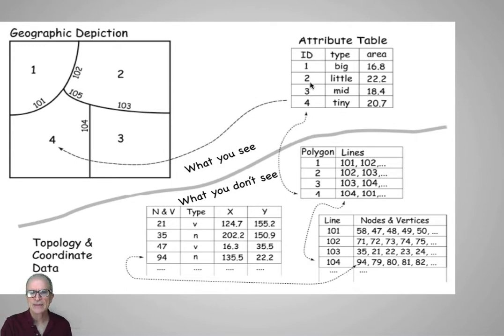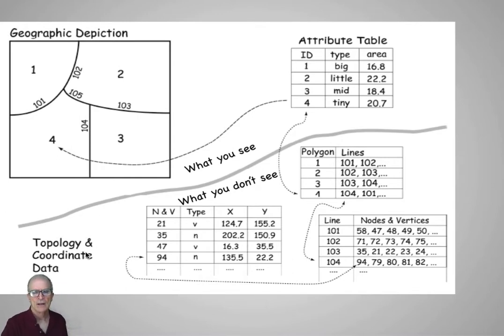And that attribute table will have typically an identifier and then other variables of interest, its type and its area in this case. So attribute for this basically first polygon here is in a table with an ID of 1 that connects it to that first polygon, or 2 or 3. So there's a connection between entering the attribute table and the features that I'm representing. Underneath that, there's a bunch of embedded information, topology and coordinate data you don't see explicitly.